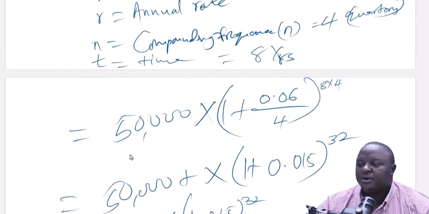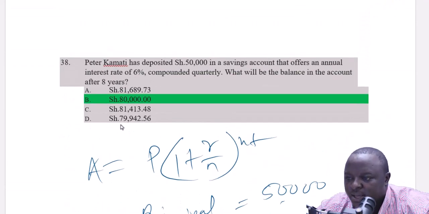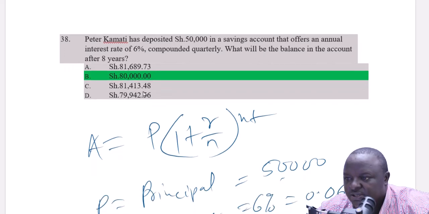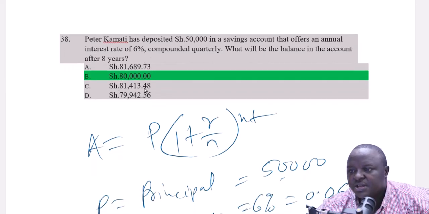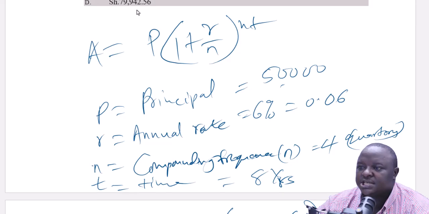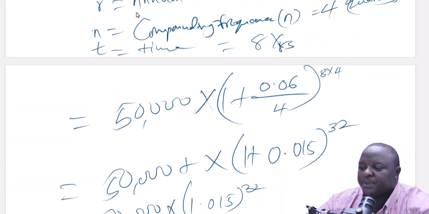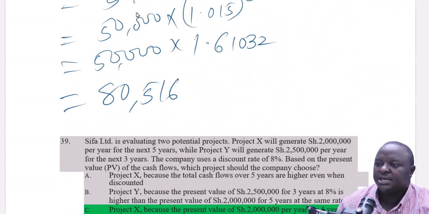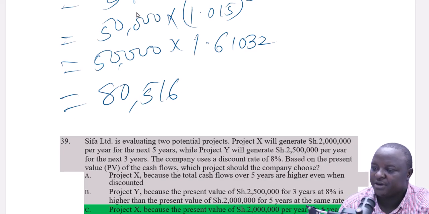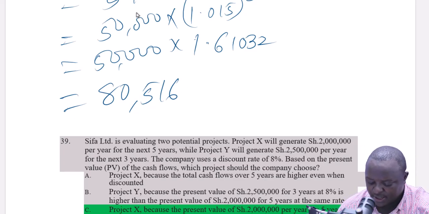So from the options, 80,516, we don't have that figure there. We are taking 80,000 as the closest figure, but the right answer should be 80,516.